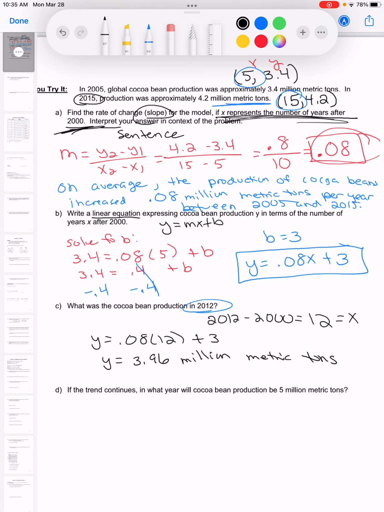Last one of these. I'm going to tell you how many metric tons, so that's Y, and I'm solving for X. So I'm going to plug 5 in for Y, and I'm going to solve this equation for X. So doing all my algebra steps.